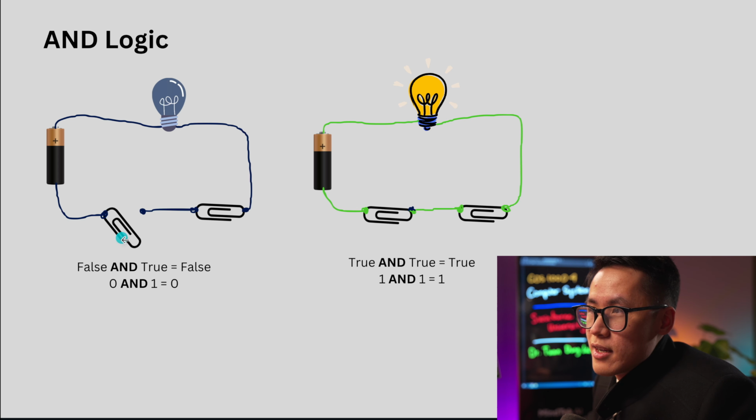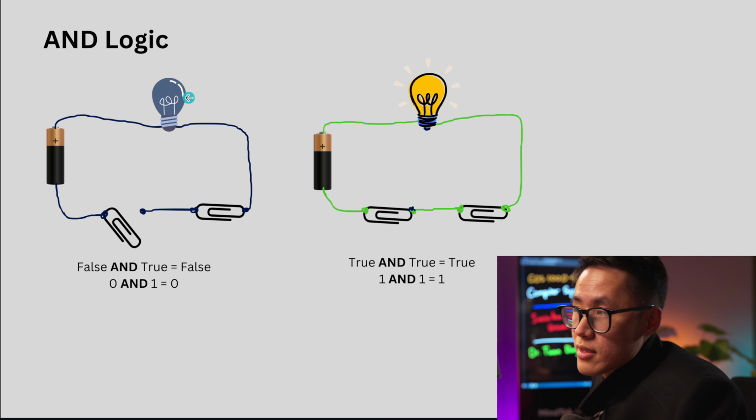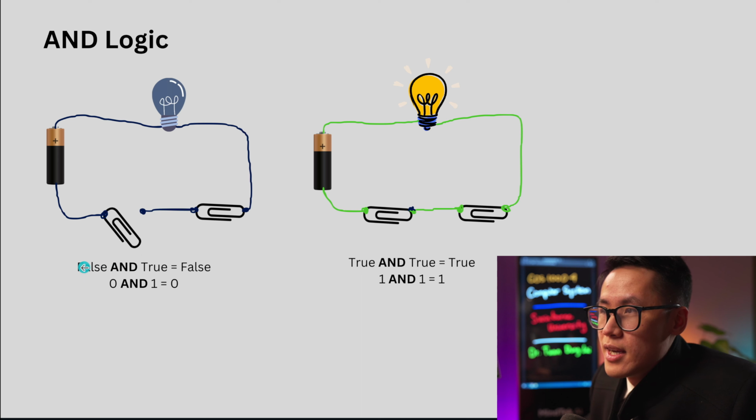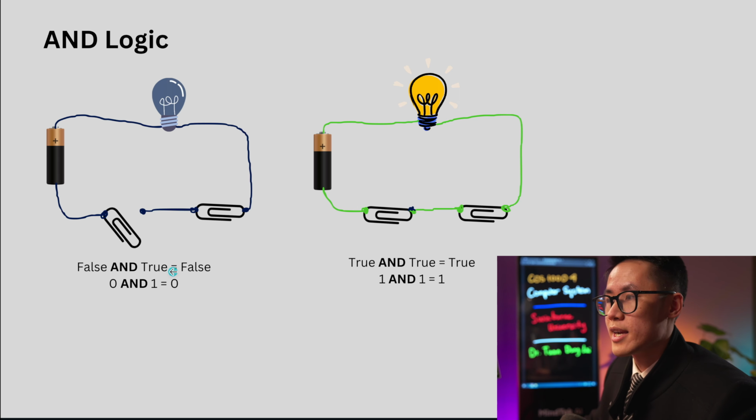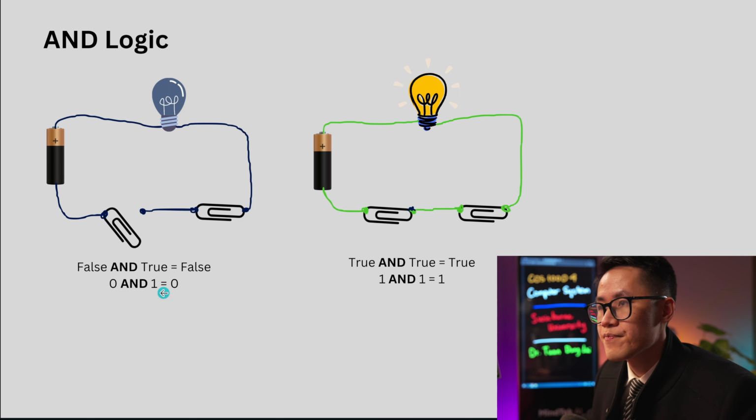False is the open gate and true is the closed gate. And the value would be false because, as you can see, there are no signal going through the bulb. So the bulb is currently turning off. To represent false, I can use the number 0. And to represent true, I can use the number 1.